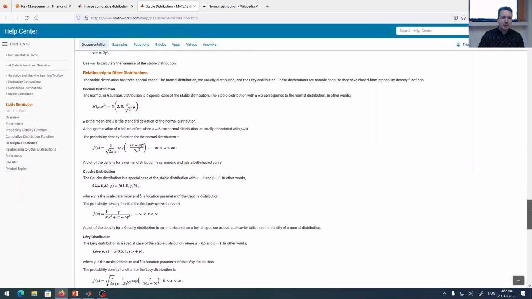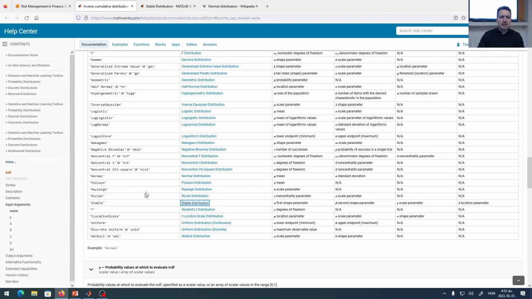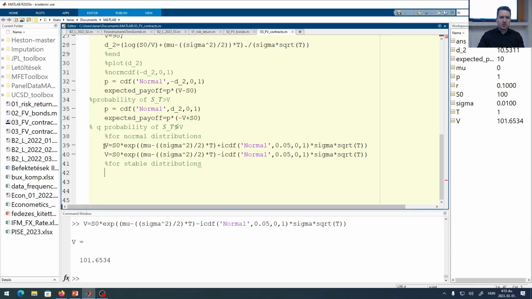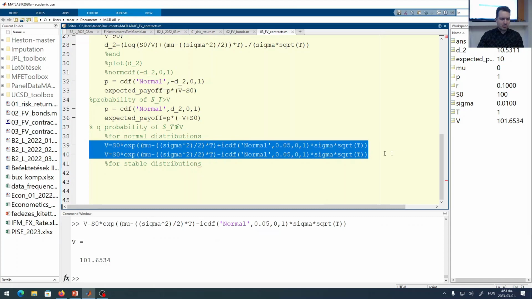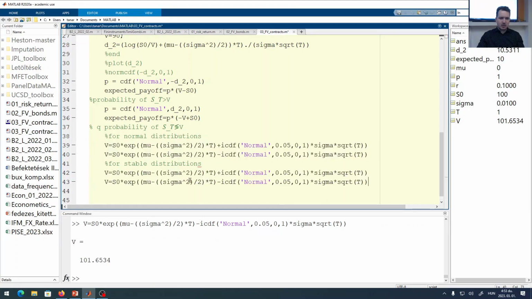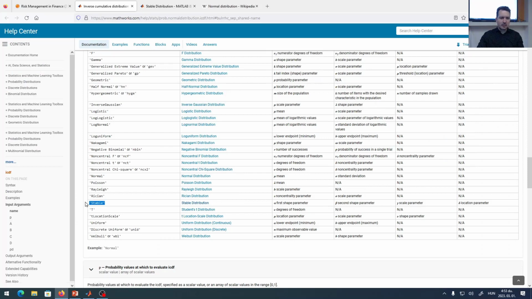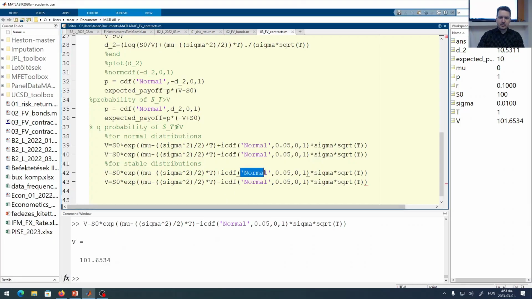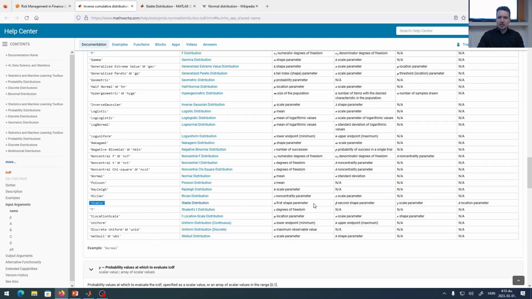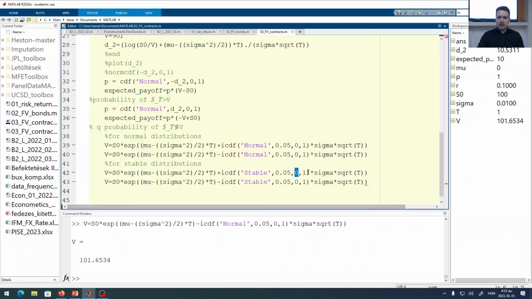Yeah, we can keep this one here because in this case we can see the setup, and otherwise we can have the parameters here. So yeah, copying, and now instead of normal it will be stable. And after that we have 4 different parameters.